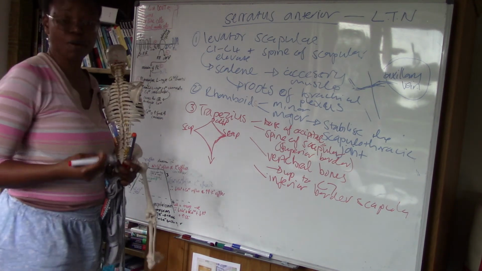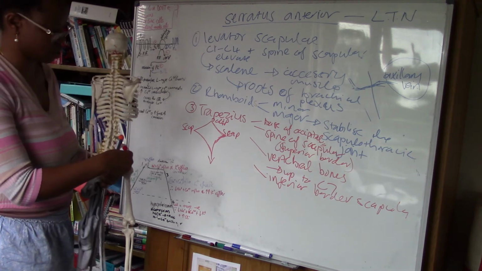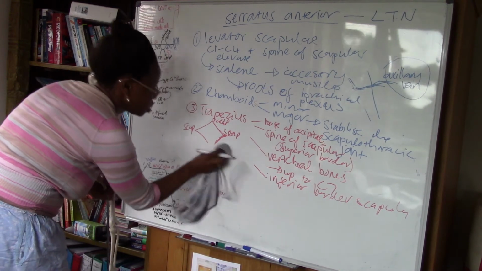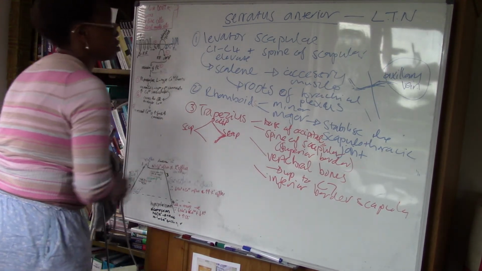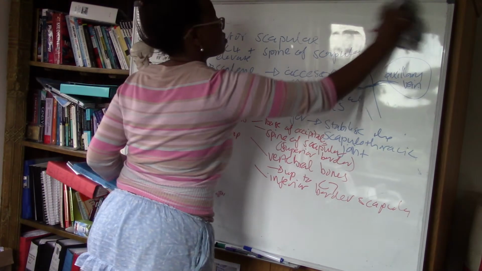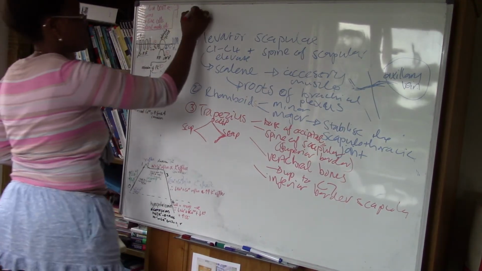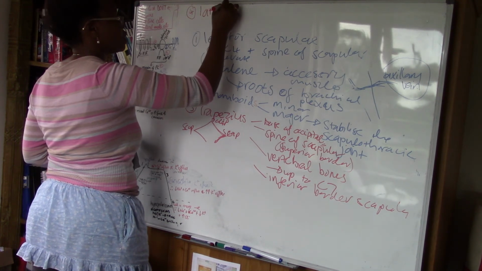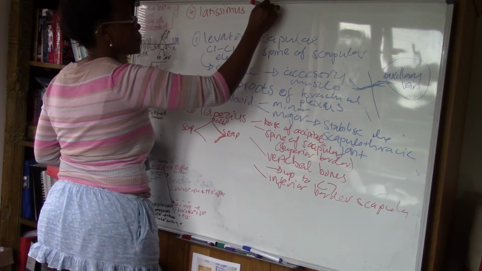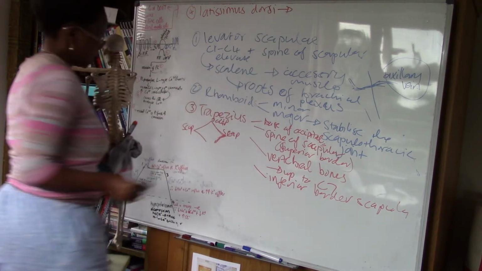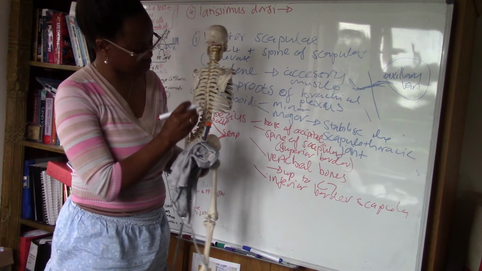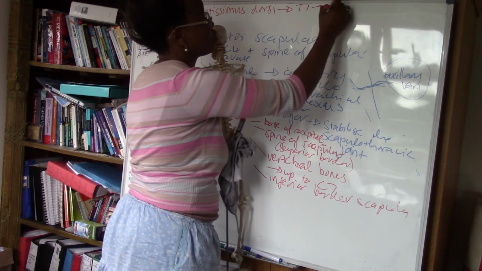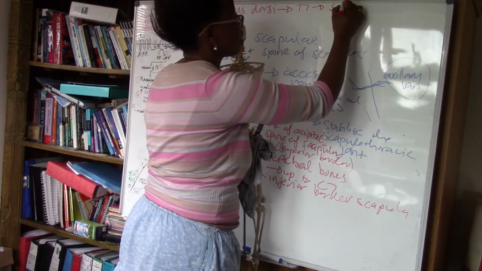And then the most superficial muscle, which is the largest muscle, is the latissimus dorsi. I'm actually going to write latissimus dorsi up there. And this is a very large muscle that attaches from T7 up to the sacrum.